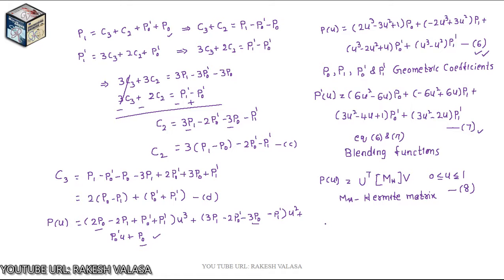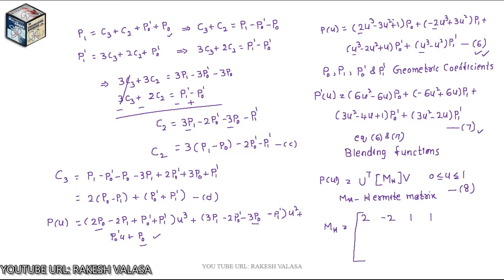Now you can write MH value by using equation number 6. That is 2 minus 2 1 1 in the first row, these are the U cube terms.